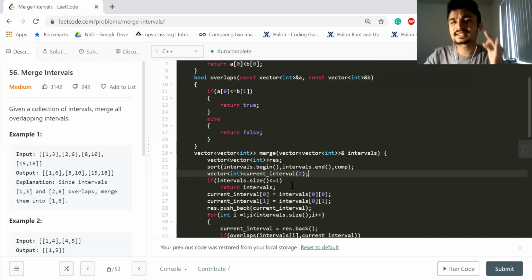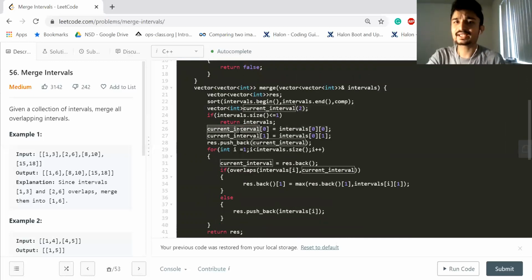If the intervals' size is less than or equal to 1, so if the input is empty, you just return the empty interval as it is. If it has only one interval, then you return that particular interval. Similarly, I initialize the current interval's 0 to be the first interval's start point, and the current interval's 1 to be the first interval's end point.